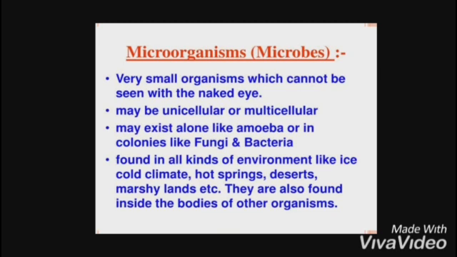Microorganisms make up the largest number of living organisms on the planet. They are found in all kinds of environments like ice, cold climate, hot springs, deserts, marshy lands, etc. They are also found inside the body of organisms.